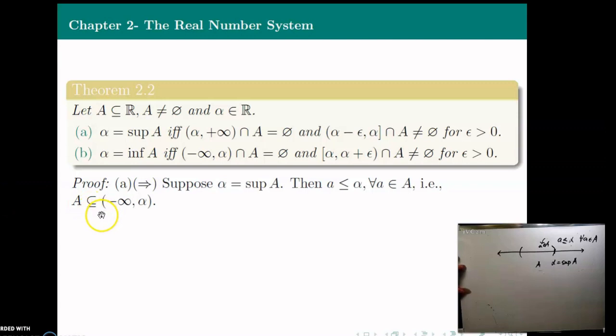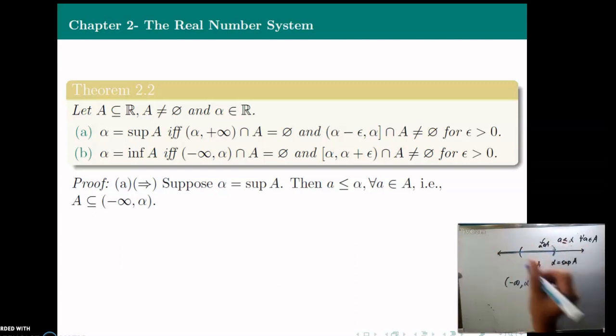That is, A is a subset of this open interval. Now, as you can see, this is our open interval, from negative infinity to alpha.